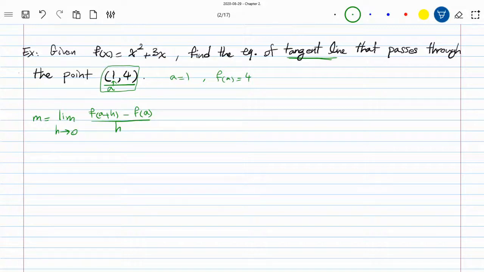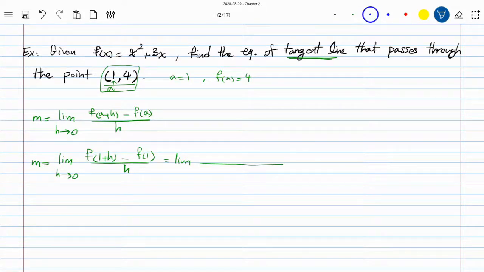Okay, so what we're trying to calculate is the slope. So I'm going to replace the A and say I'm trying to find the limit of f of 1 plus h minus f of 1, divided by h, as h approaches 0. So let's figure out what is f of 1 plus h. Replace 1 plus h into the function f.